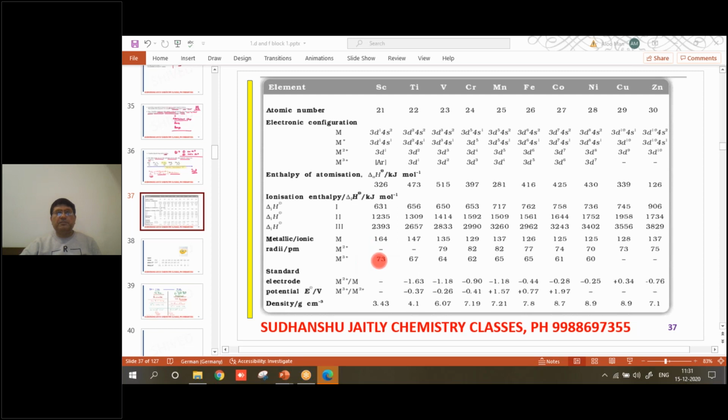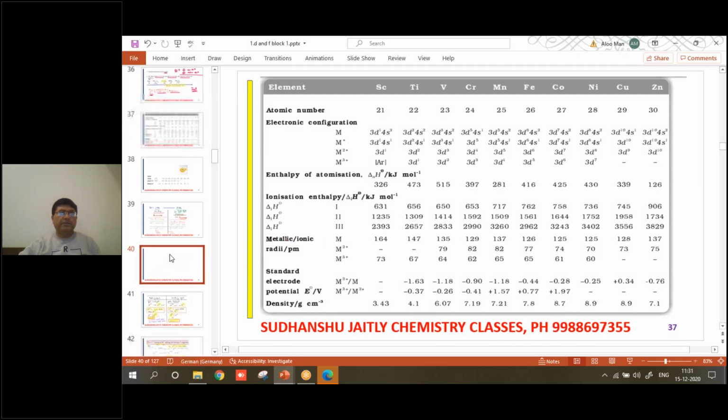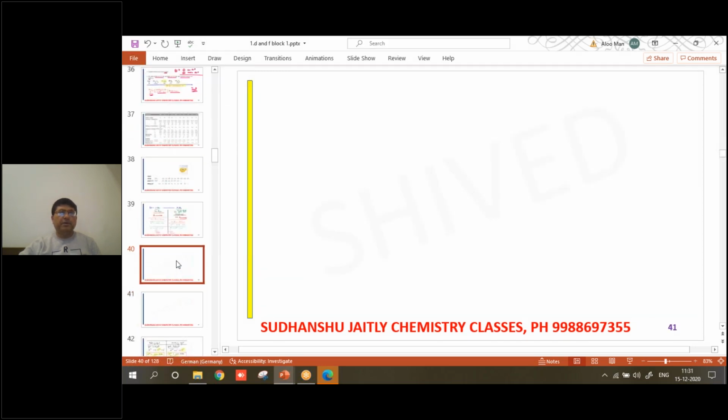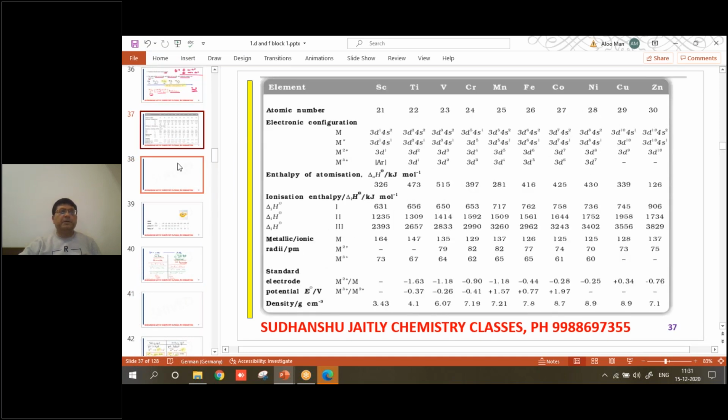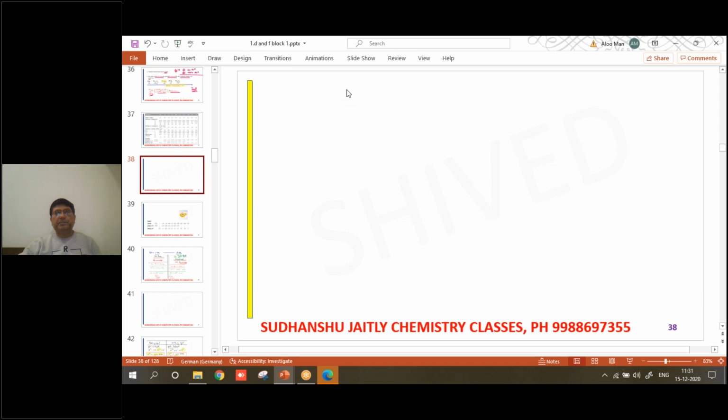We already did the metallic radius. Electrode potential, a very important thing, is going to come. Electrode potential, extremely important, extremely important. You people remember the electrode potential or standard electrode potential. It's the same thing, standard electrode potential. See, more negative, more positive.